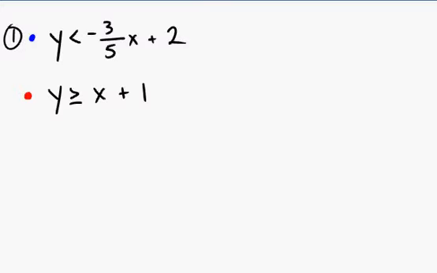All right. Solve the system of linear inequalities. Basically, what this means is you have to graph each one individually on the same coordinate plane. The overlapped shaded area is the solution.